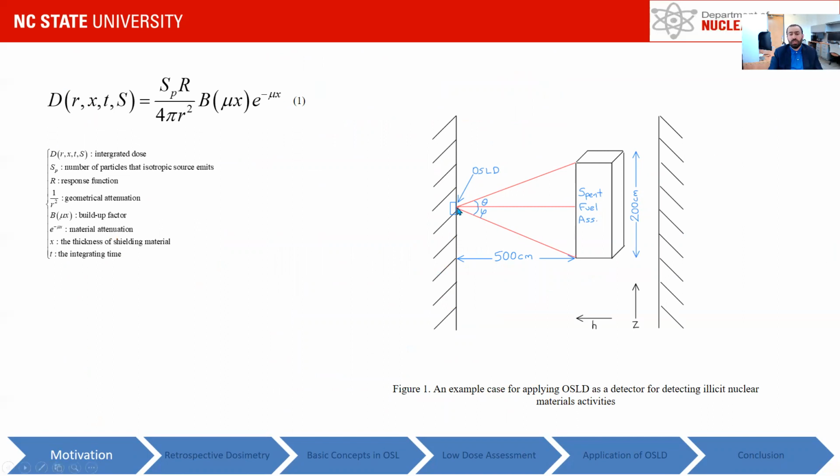Think that you are putting the OSLD in a corridor, and in that corridor, you know what the nuclear source can be with the given geometry. Assuming this geometry for a given nuclear facility, with this formula I was able to distinguish the background dose that I obtained from the low dose assessment from the dose from a shielded spent fuel assembly, and it worked.